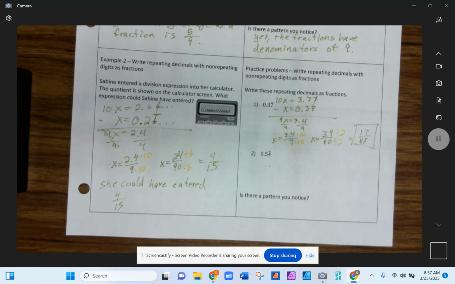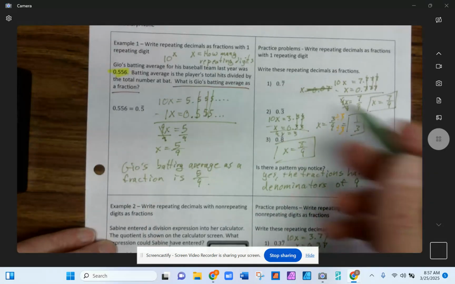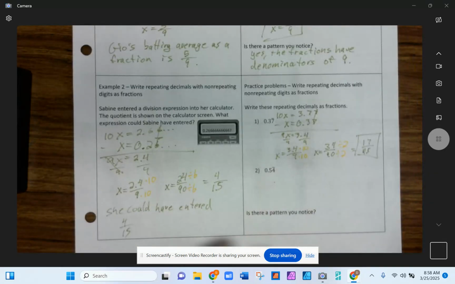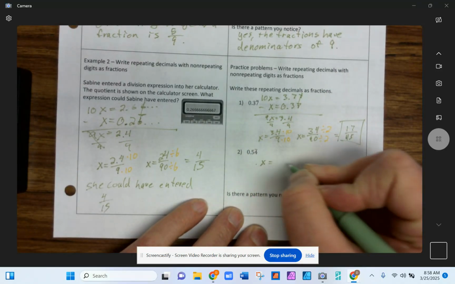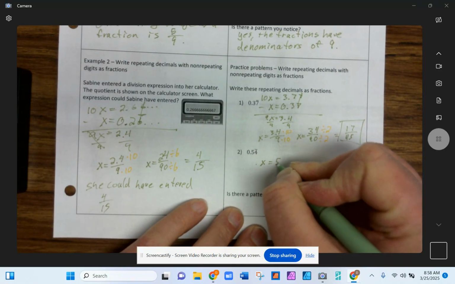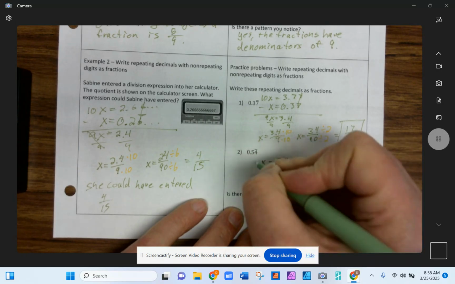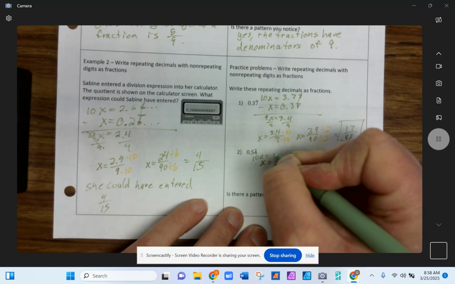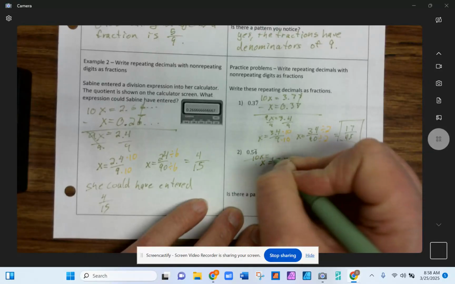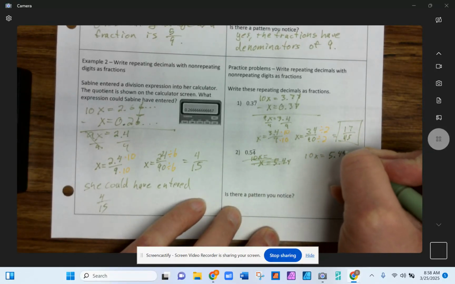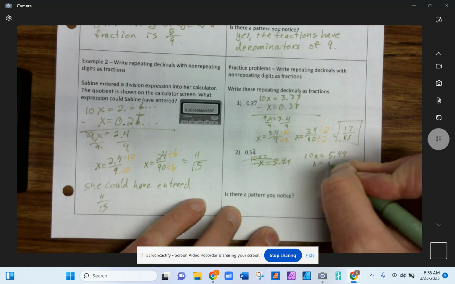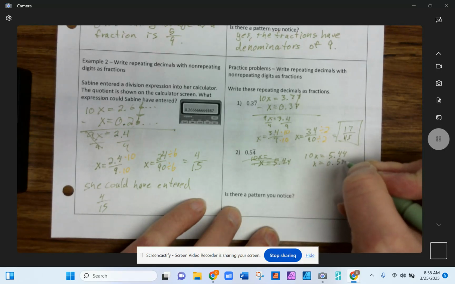So it's not as simple as these, obviously, because you can just plop these over 9, right? But these are kind of the steps to do it, right? So we do the same thing right here. We've got 5.44. Oh, my bad. I'm going to start over here because I screwed that up. So 10x equals 5.44 on top, and then x equals 0.54 on the bottom.